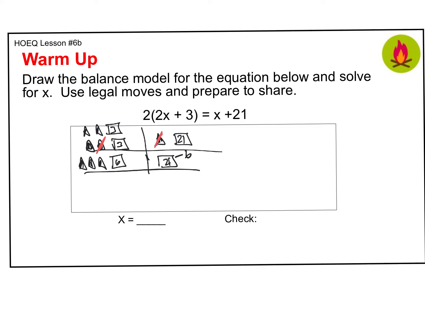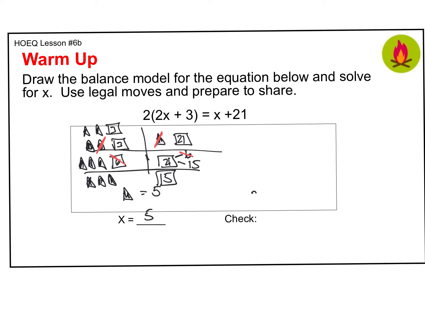And regroup my 21 into 6 and 15. So I can remove 6 from both sides, which means I have 3 triangles balanced with 15. So our triangle is equal to 5.